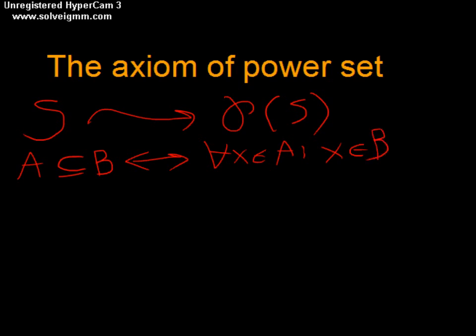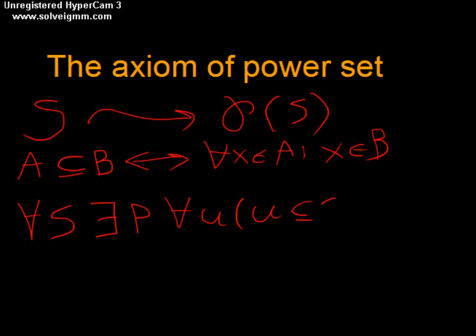Now we can state the power set axiom and state that for all sets S, there exists some set P such that for all U holds that if U is a subset of S, then U is an element of P. So P contains the subsets of S, but it can contain more.